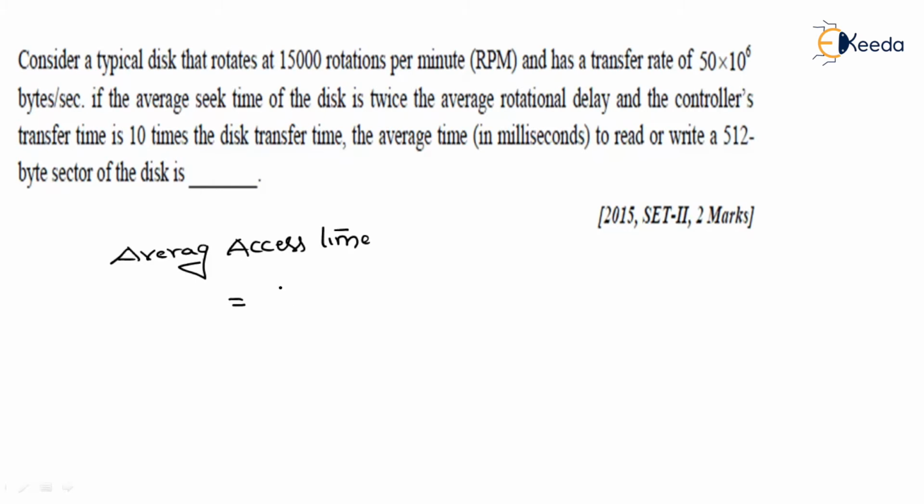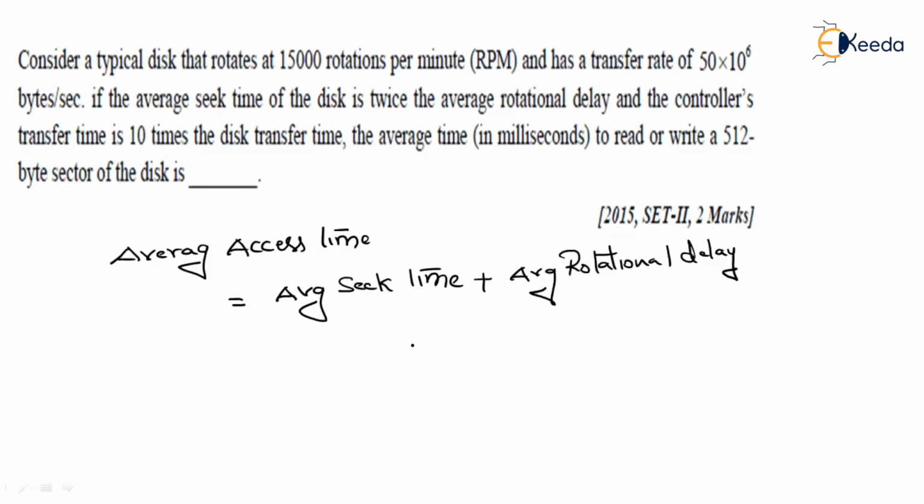The formula for average access time is average seek time plus average rotational delay plus effective transfer time. So we will find out the average seek time, the average rotational delay, and the effective transfer time.